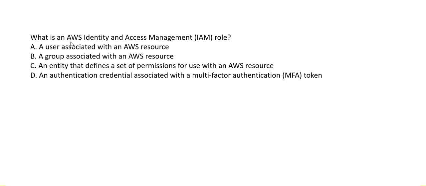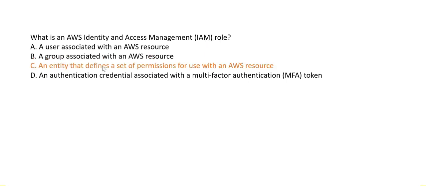What is an AWS IAM role? So let's look at the options. A: a user associated with the AWS resource. So that is an IAM user, not a role. B says a group associated with an AWS resource. This is an IAM group, not an IAM role.